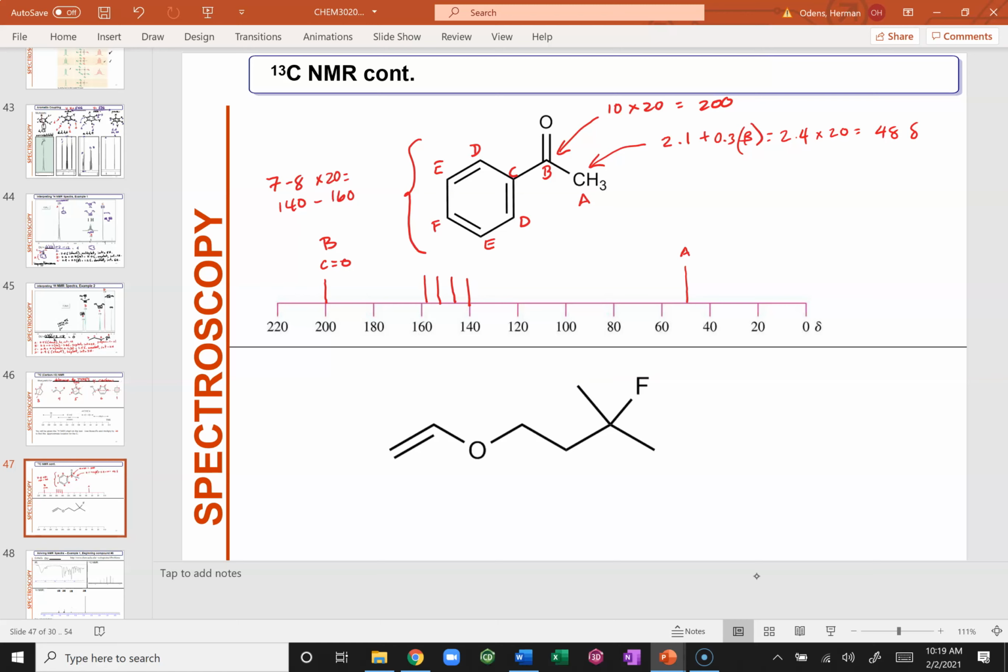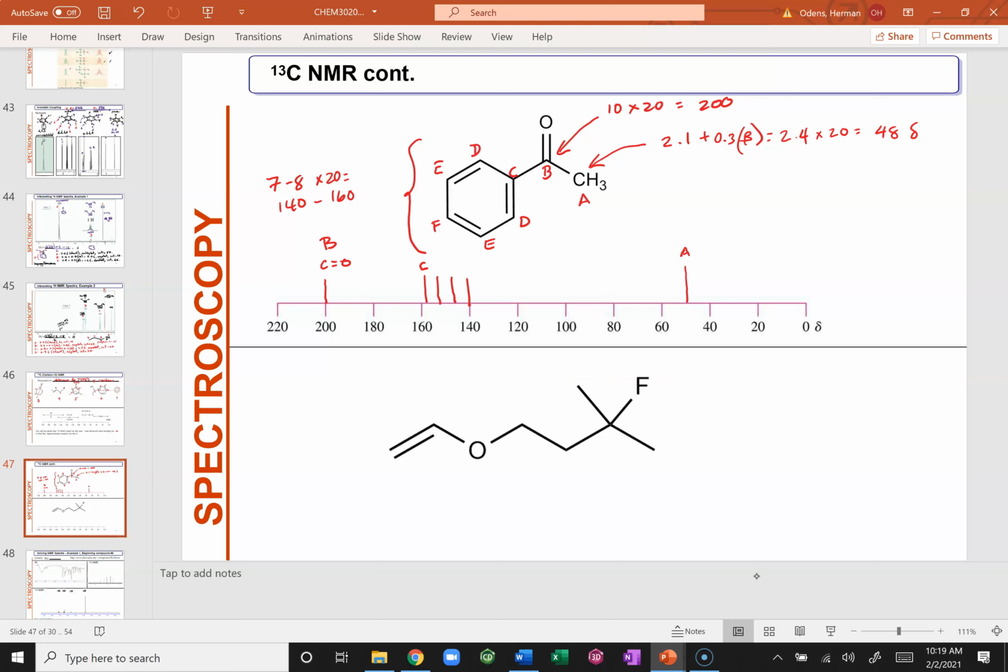Which of these carbons, C, D, E, or F, will be dragged the most to the left? C. Why is that? It's closer to the EWG. So that's the first thing you have to apply. So you go C. Then, which one will be the one most upfield of those?